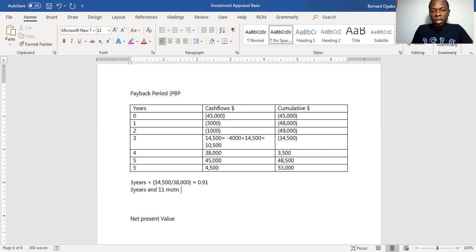I have 10.8. Even if I have 10.1, I will round it up to the next month, unless I have 10 on the dot. If I have 5 on the dot, it's just say 3 years and 5 months. But here, I need 3 years and 11 months to be able to recoup my investment.